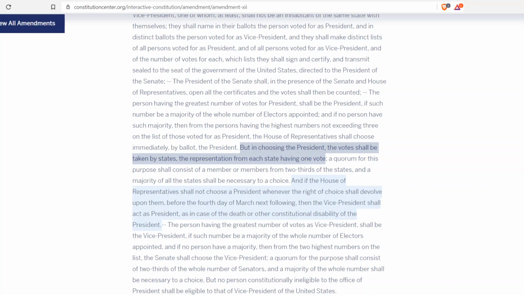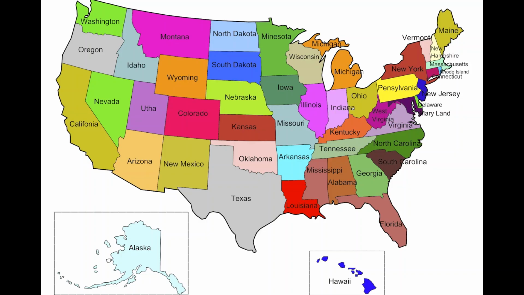But in choosing the president, the votes shall be taken by states, the representation from each state having one vote, and a majority of all the states shall be necessary to a choice. Meaning that each state gets one vote and a simple majority wins the presidency.